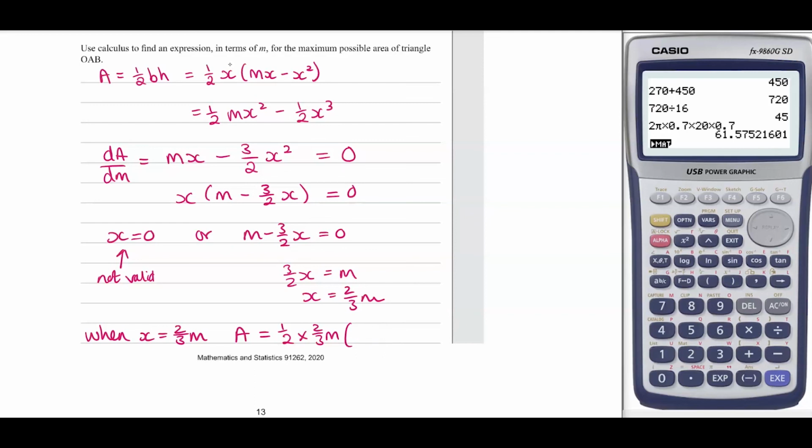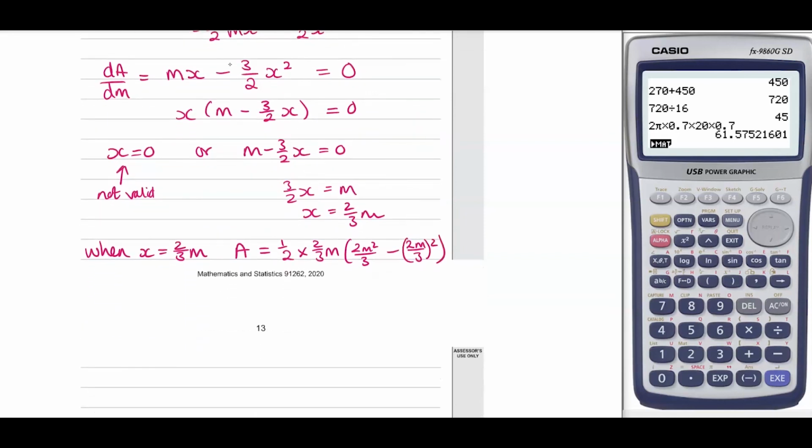So m times 2 over 3 m is going to be 2m squared over 3 minus 2m over 3 squared. Okay, now let's tidy that up a bit. So we'll have a third m, 2m squared over 3 minus 4m squared over 3. Wait, no, that's not over 3, that's over 9, because that got squared as well.